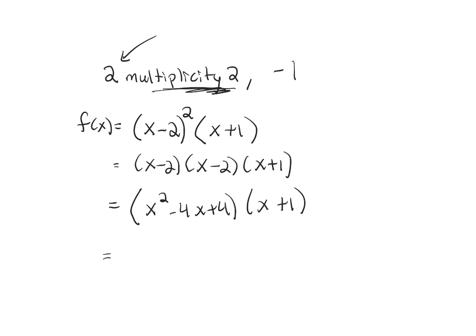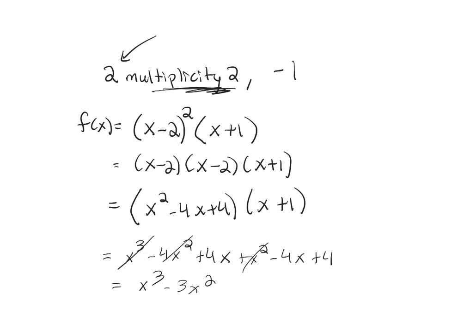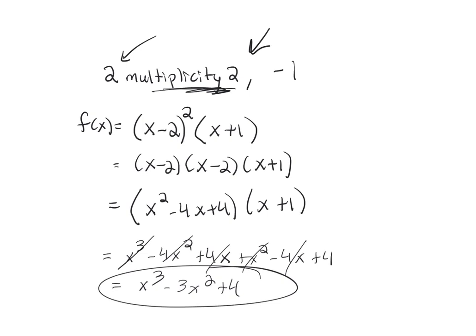So I'm going to distribute the x first. x to the third minus 4x squared plus 4x. And then distribute the 1, plus x squared minus 4x plus 4. And then combine like terms. So x to the third minus 3x squared, these cancel, plus 4. So there is my polynomial function with these zeros.